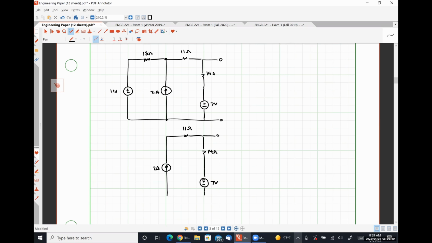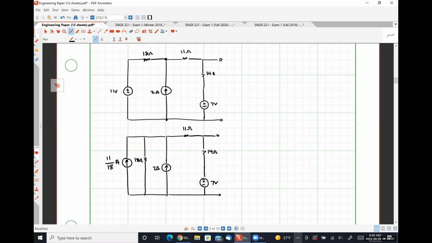All these are staying the same. Then I'm going to have an 18 ohm resistor here, and then a current source direction up. That is 11 over 18 amps, right?